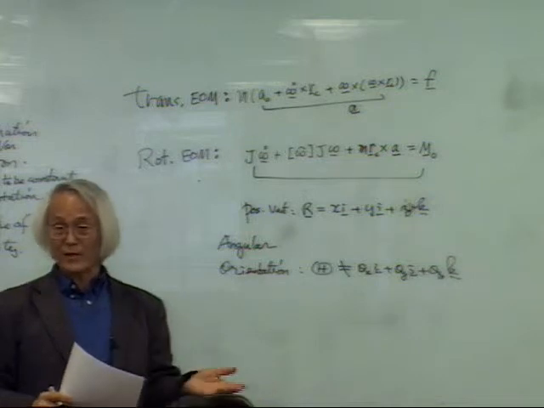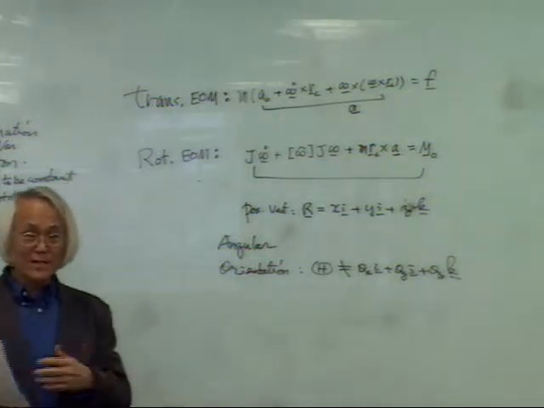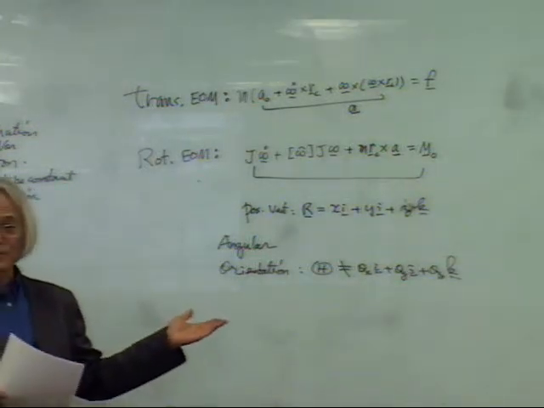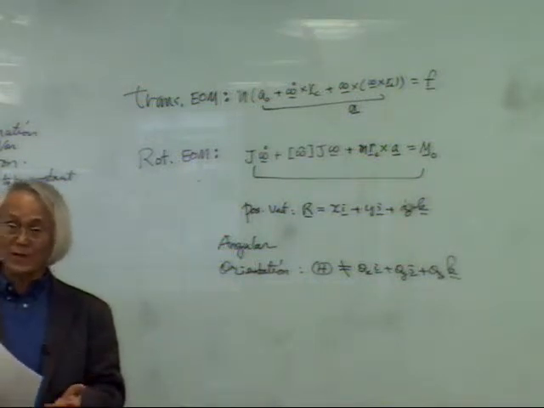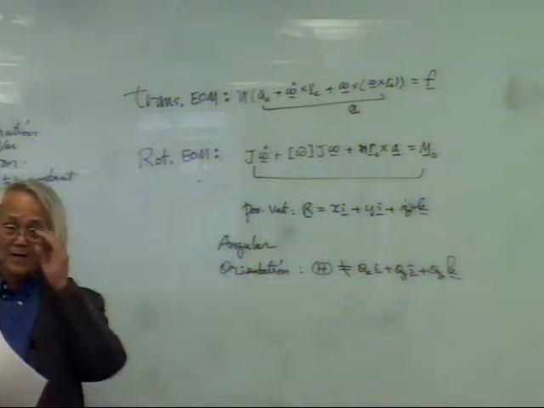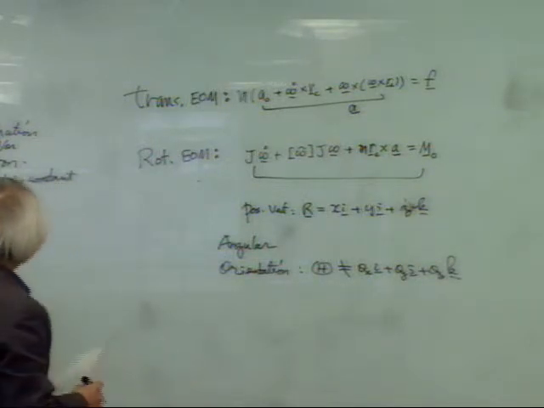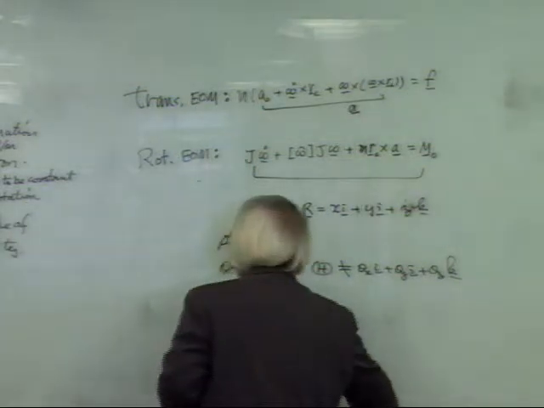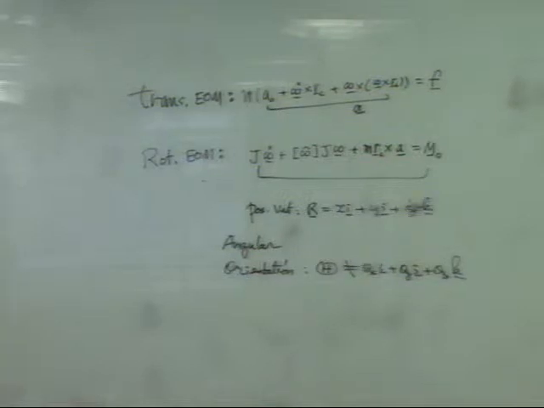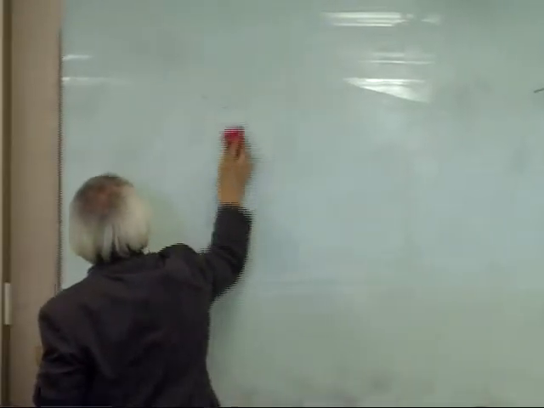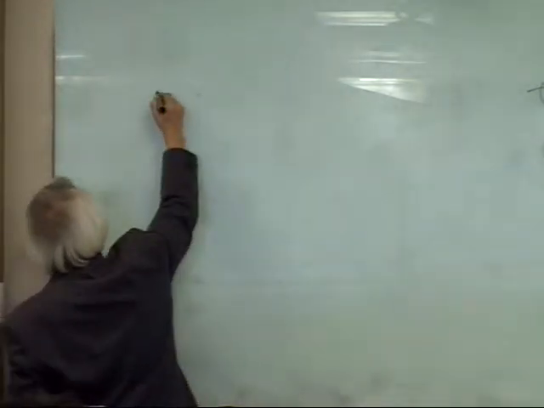And that's where the difficulty comes in, and that's what makes solving rotational equations of motion difficult. So today we're going to use good old Euler angles and Euler parameters. In other words, we need to learn how to represent angular orientation. Okay? So, angular orientation.